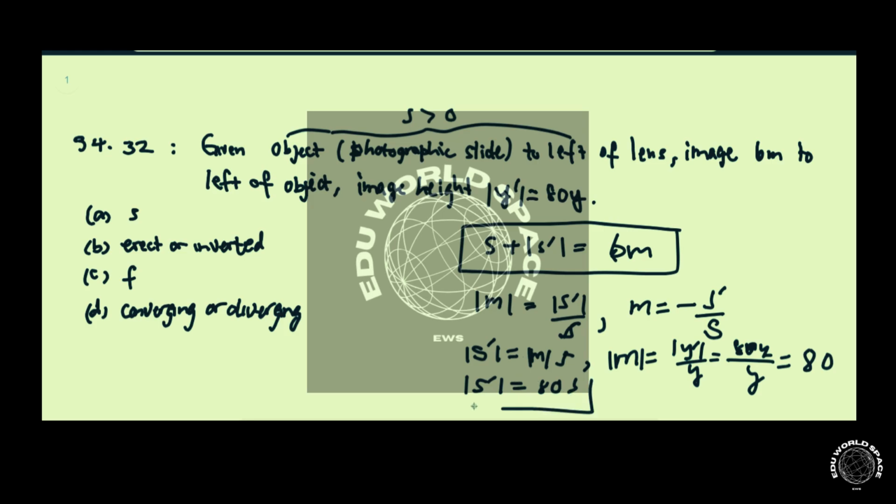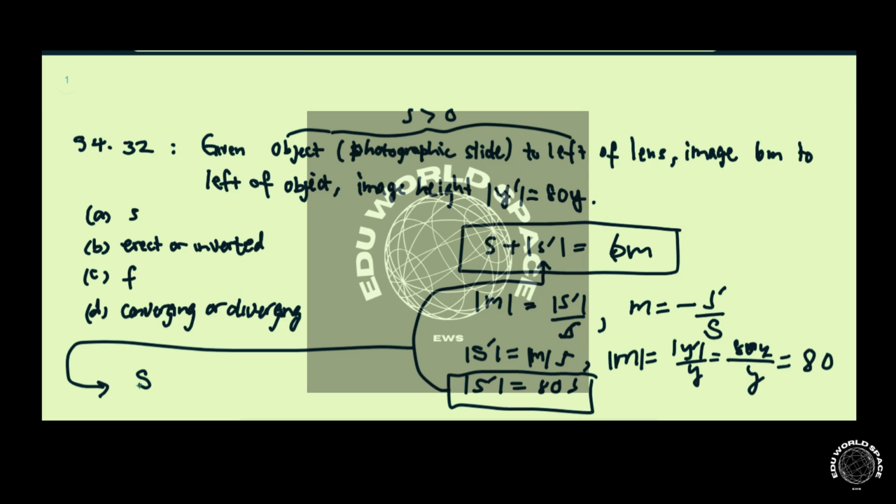So if I substitute this result into this equation for S prime, then I get, let me write that here, that S plus 80S is equal to 6 meters.